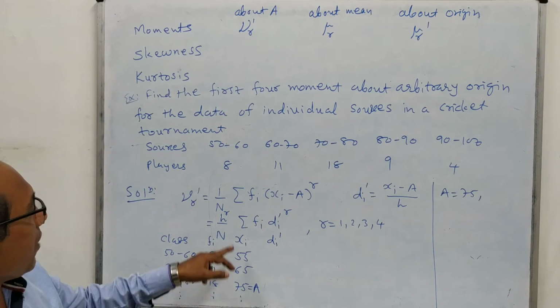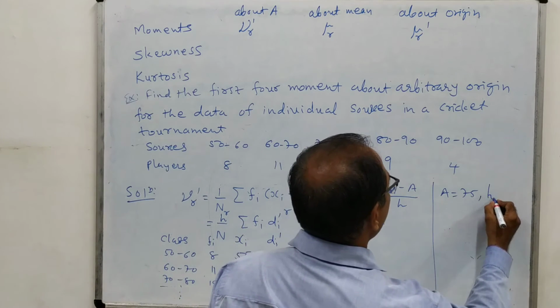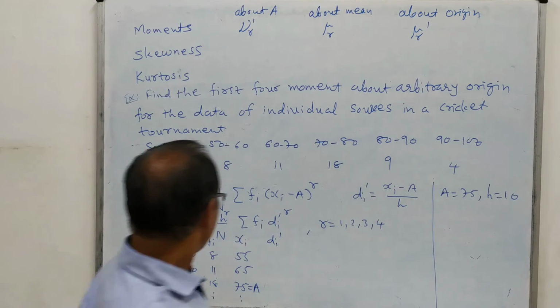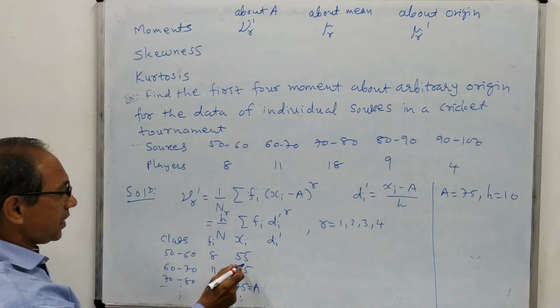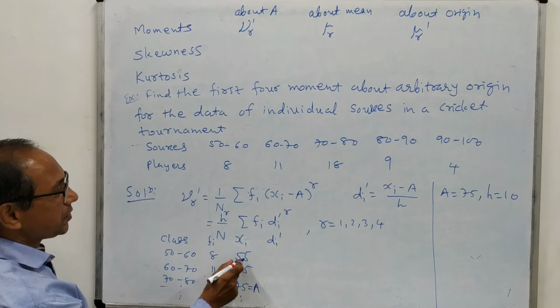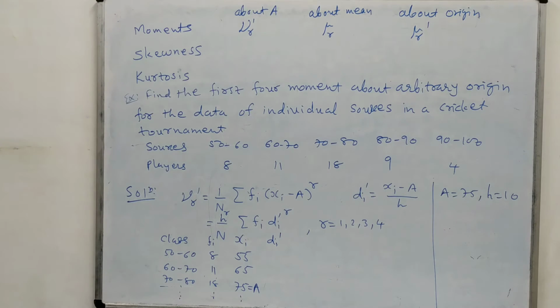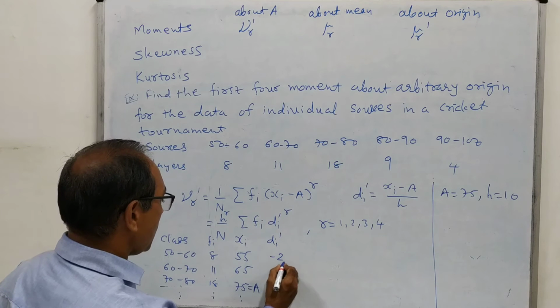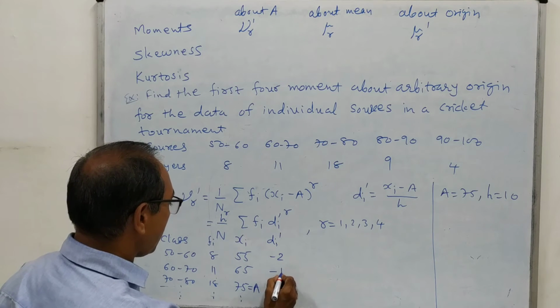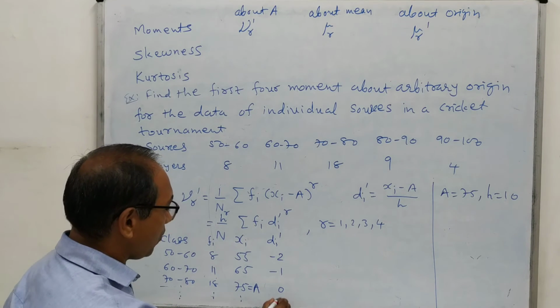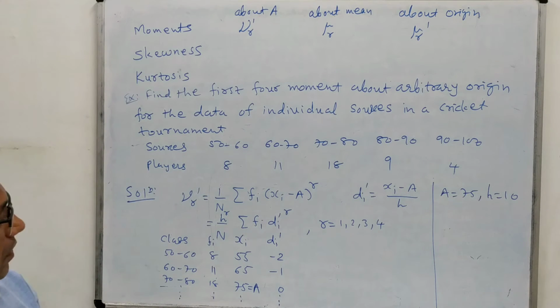So capital A equal to 75, h equal to 10. Now xi minus a, that means 55 minus 75, which is minus 20. Minus 20 by 10, that means minus 2. It will be minus 1. It will be 0. And below we will get other values, say 1, 2, 3 and so on. So this is our di dash.